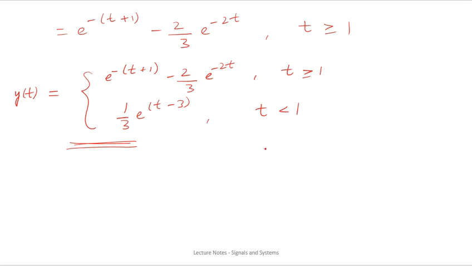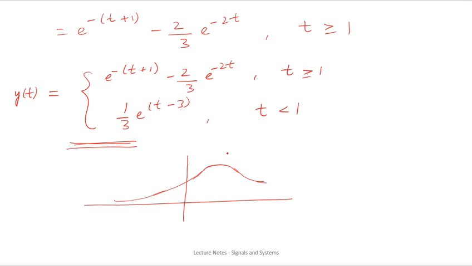You can also try to plot this. Just by taking the values at different points, this is simple to plot. I will draw the approximate plot for this. So it should be something like this. This is how it will look.